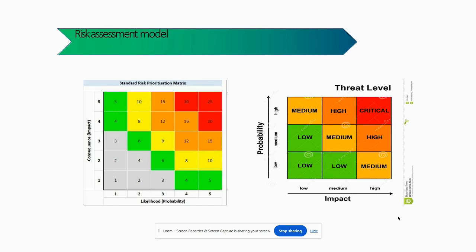It has been given very clearly, the color code. If it is low, generally given as green color. If it is medium, brown color. If it is high, orange, and if it is critical, red color.